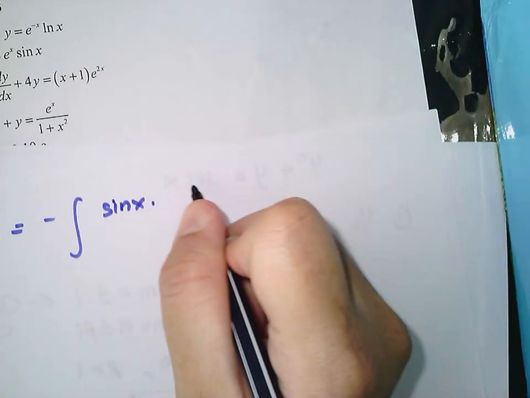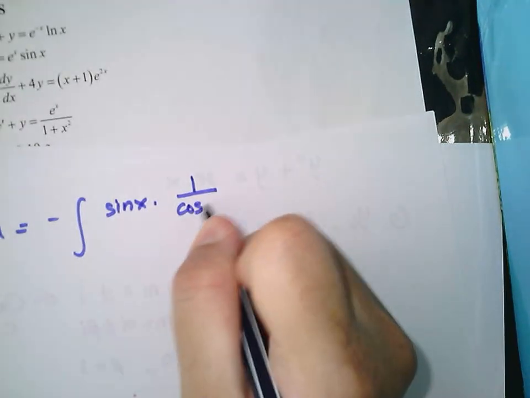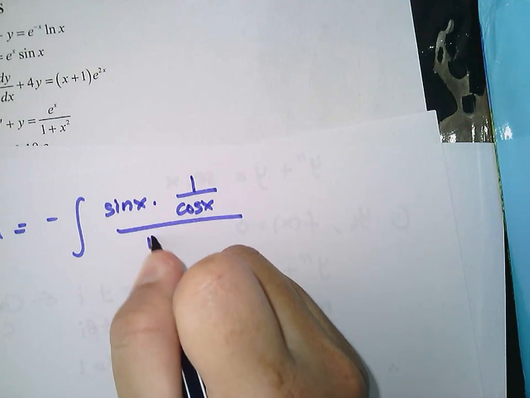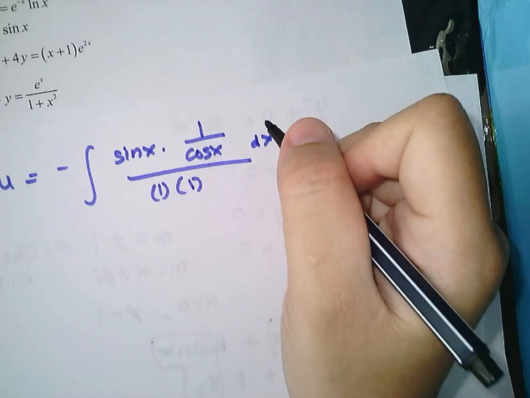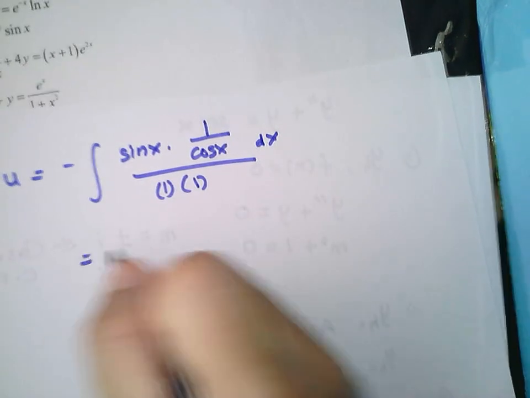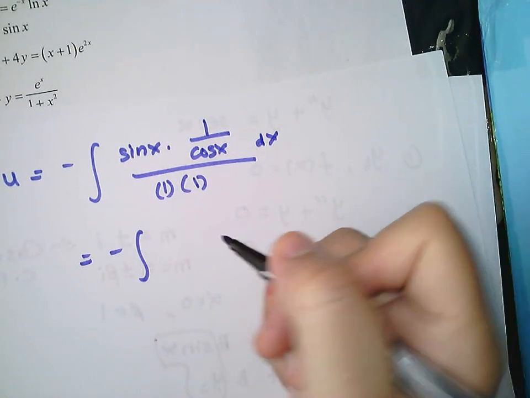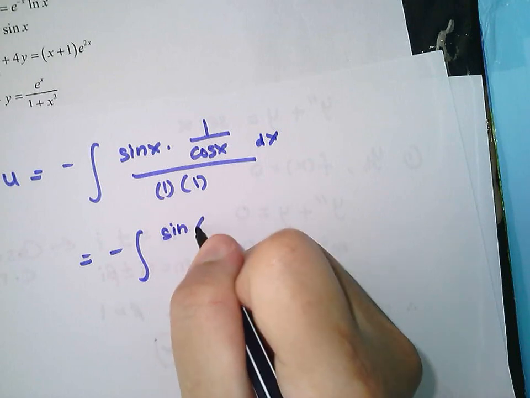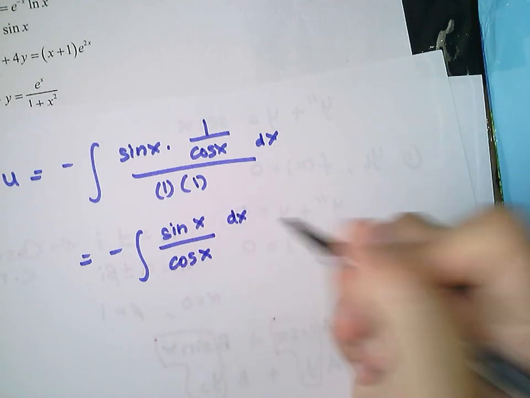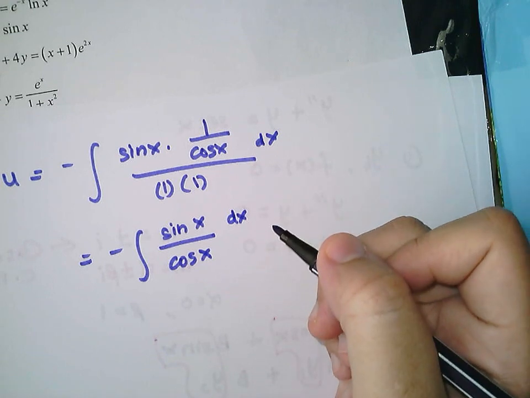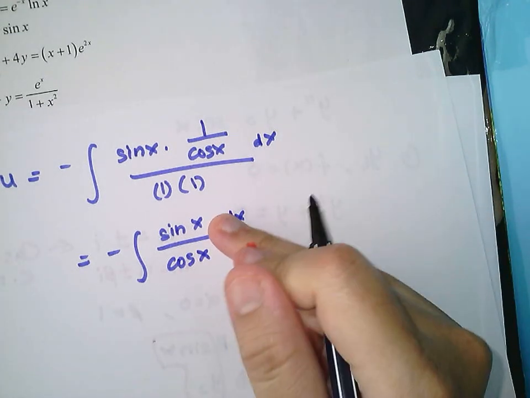Your f(x) is equal to 1 over cos x, your a is equal to 1, your w is equal to 1, dx. So if you simplify this one, you actually have to integrate sin x over cos x dx. Clearly you cannot integrate this one directly.